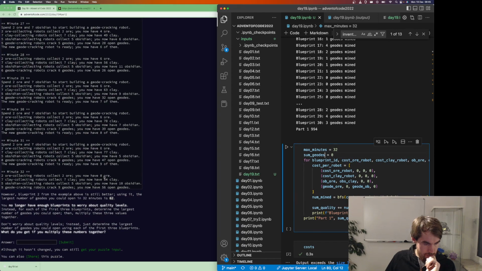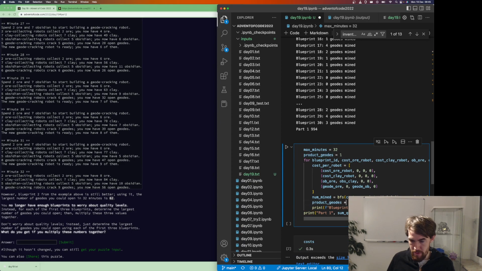However, okay, you no longer have enough blueprints to worry about quality levels. Determine the largest, multiply these. Products, geodes is 1. Times it's not mined.